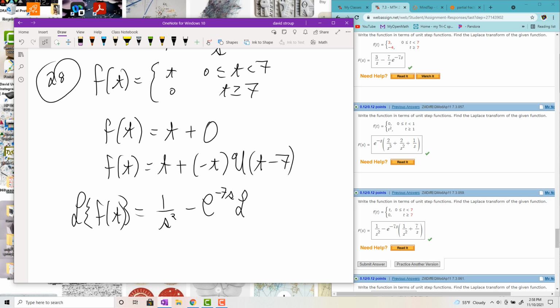So it's really the Laplace of, and I already factored out the -1, so it's going to be a t plus 1. Okay, so this will be 1 all over s squared minus e to the -7s times 1 all over s squared plus 1 all over s.